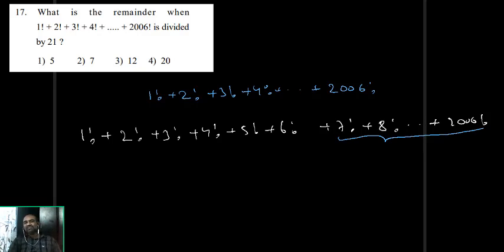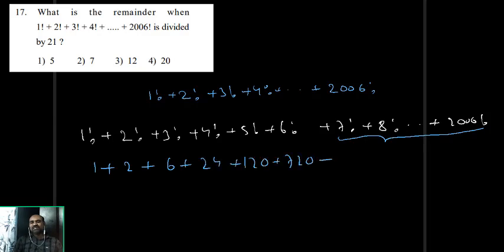All will have 7s, and 3 will be there too, so 7 into 3 is 21. All these are multiples of 21. So I write 1 plus 2 plus 6 plus 24 plus 120 plus 720 plus a multiple of 21. 21 means it should be divisible by 7 and 3. All numbers from 7 factorial onwards are divisible by 21, so obviously the summation is divisible by 21.